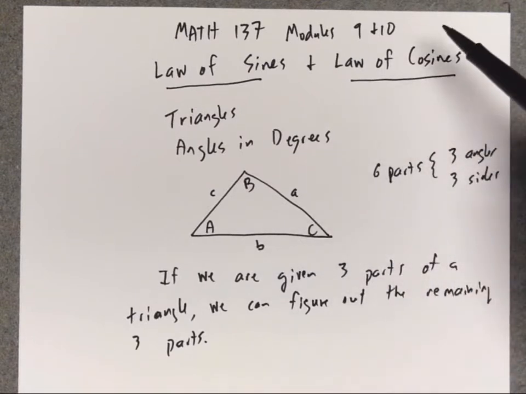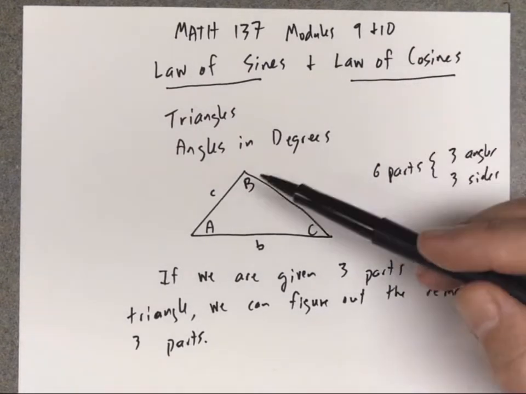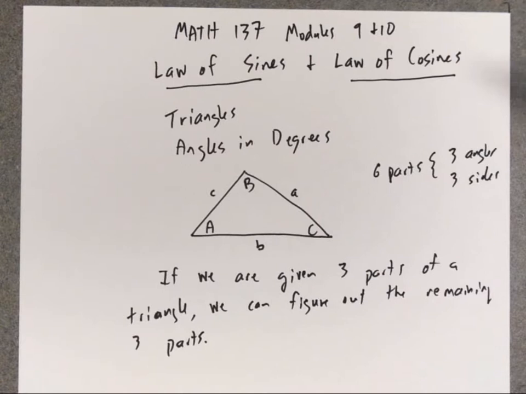We can use that information, apply these laws, and figure out the three angles. So you're going to see in all the examples that we're going to start working through, we're given three pieces of information about the triangle, and based upon that, we're going to use these laws to determine the remaining three parts of the triangle.